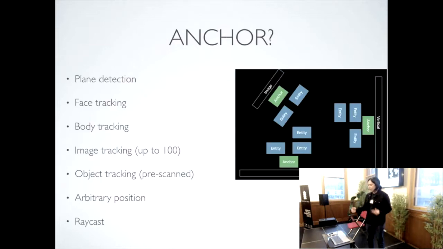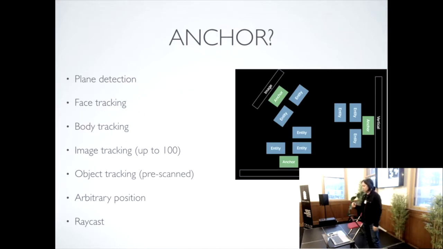So what exactly is an anchor? Anchors exist in both ARKit and RealityKit, and RealityKit wraps them up in a slightly easier to understand way. Anchors cover plane detection, face tracking, and body tracking, which is new in ARKit 3 and iOS 13. There's also image tracking, where we can detect up to 100 images.